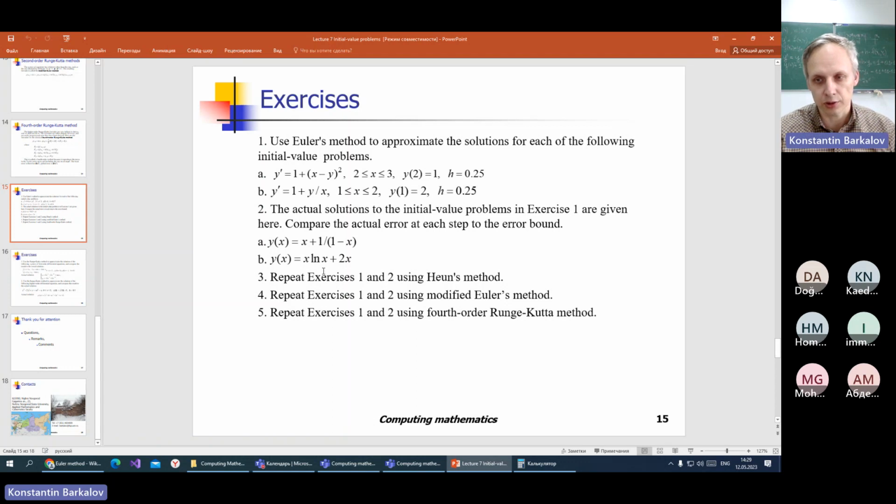I ask you to apply Euler's method to find the approximate solution with step 0.25 to these problems, and after that find the error as the difference between the real value and the approximation.